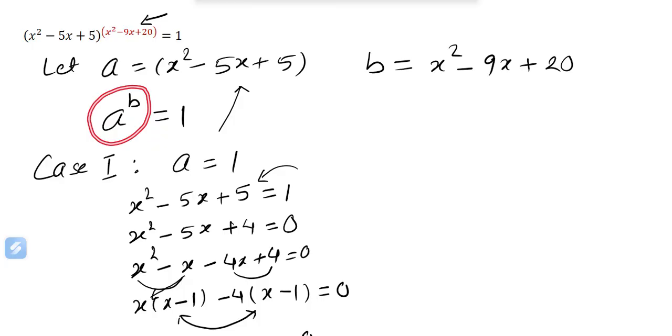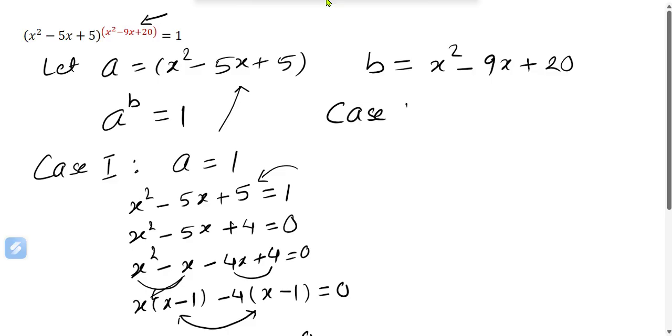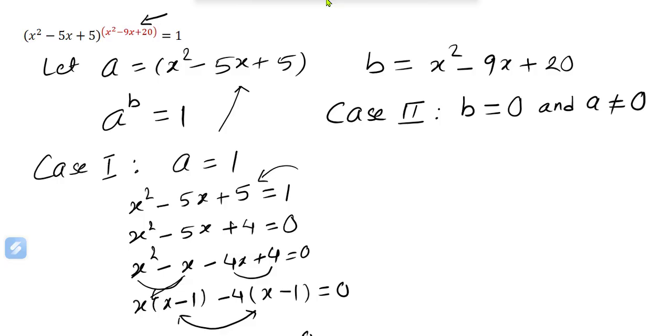Okay, we assume in the second case, let's suppose this is case number 2, and we say, let's assume b is equal to 0 and a is not equal to 0.